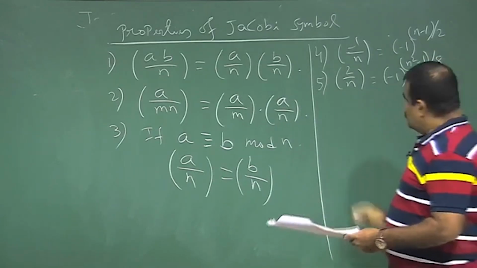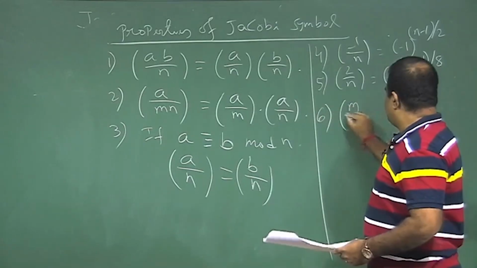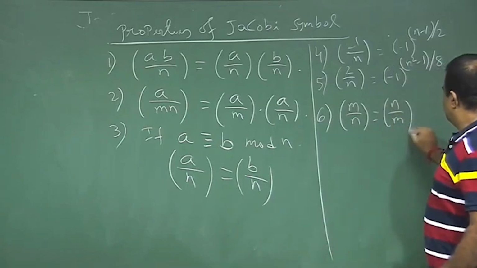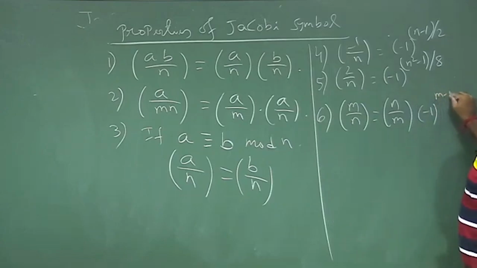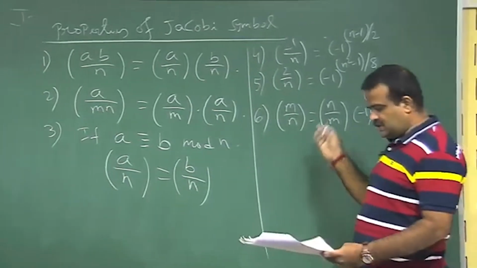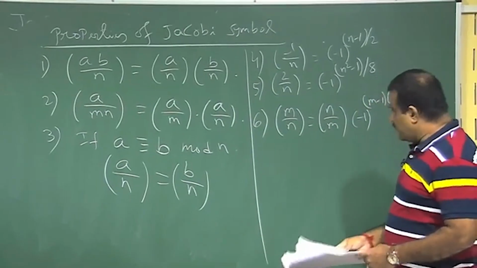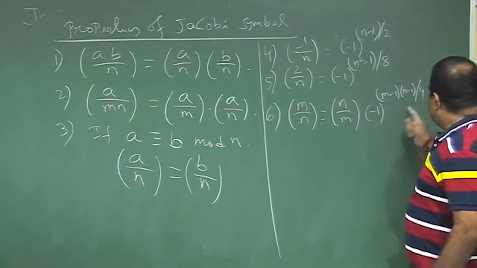Okay. Now we have a reciprocity theorem. n by m is equal to m by n times minus 1 to the power m minus 1 into n minus 1 by 4. This theorem can be easily checked by using the factorization and then the Jacobi symbol. So, this is either 1 or minus 1 depending on this value.